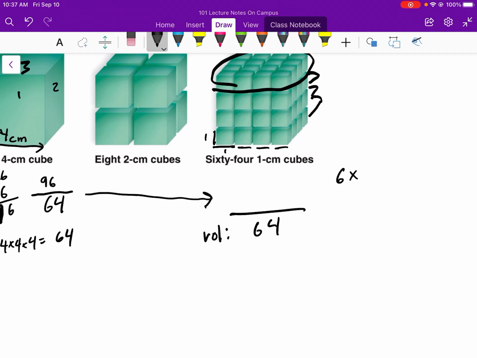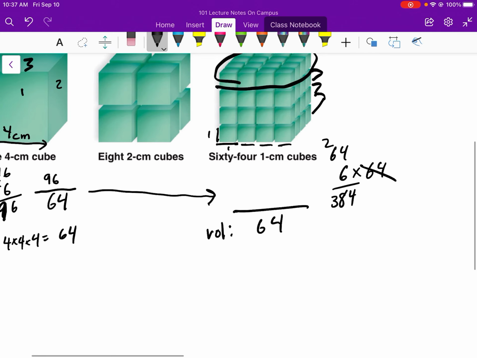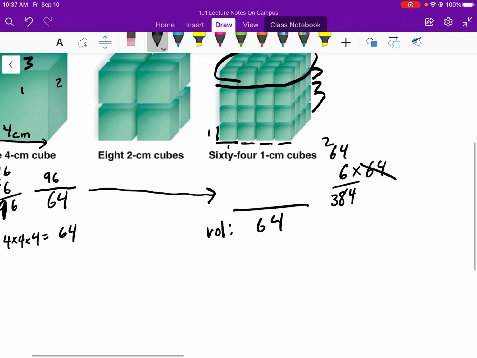So 4 times 16 is 64, so 6 times 64. I'll put it like this so I can do the math. 6 times 4 is 24, 6 times 6 is 36, 37, 38. 384 over 64. So you can see now that when the little cubes are here, there's a much greater surface area for the same amount of volume.